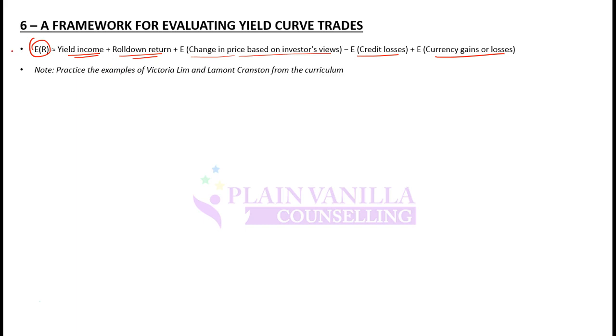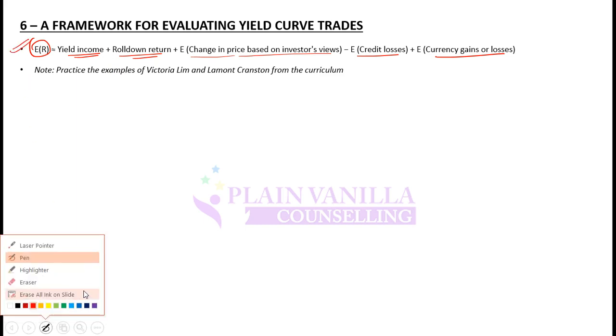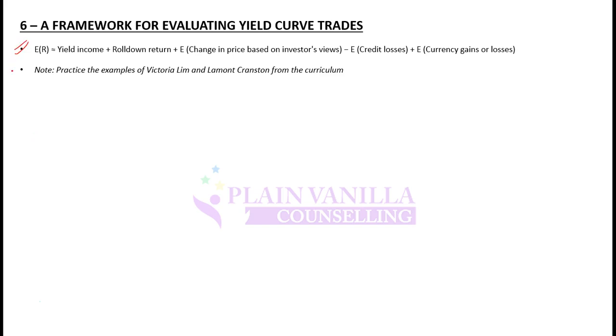So this is how you calculate expected return. This equation also came in previous readings. And you can break down the overall return into these different types of return. So it is not only yield income, not only roll down, not only change in price that is impacting your total or expected return. There are many factors that impact your expected return.